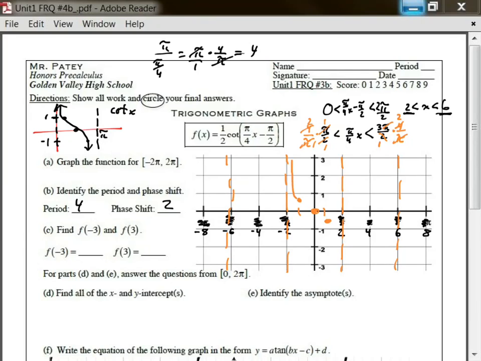So we connect the dots like so, and we got our graph. I'm going to do dots for the rest of them and connect our dots. This one only has one right there, so you can only see that part. This one has a dot at 1/2, at 0, and negative 1/2, and so I graph it like so.